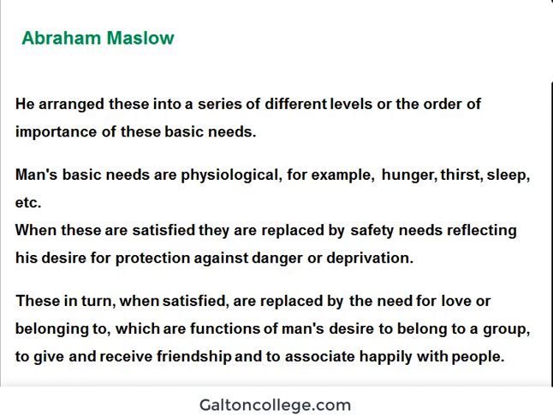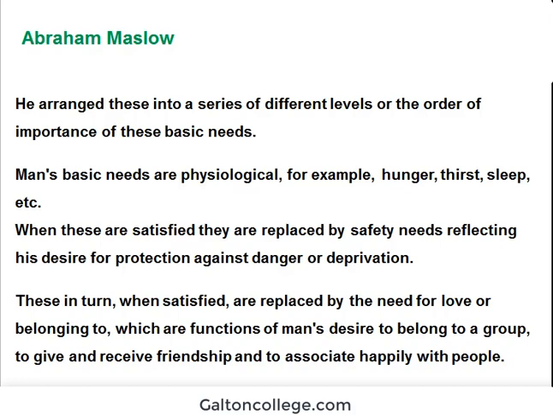And these in turn, when the safety needs are satisfied, are replaced by the need for love or belonging, which are functions of man's desire to belong to a group, to give and receive friendship, and to associate happily with people.